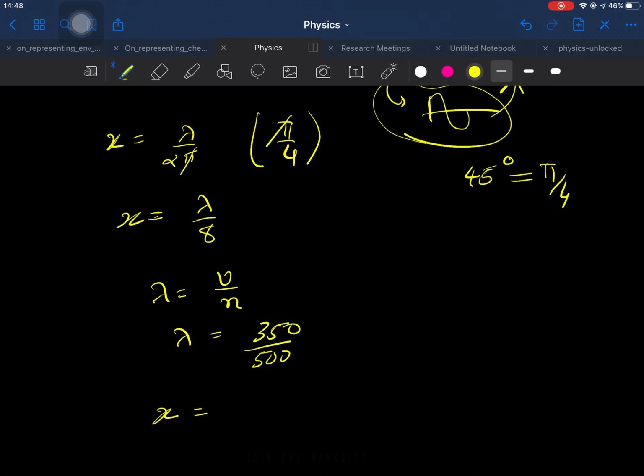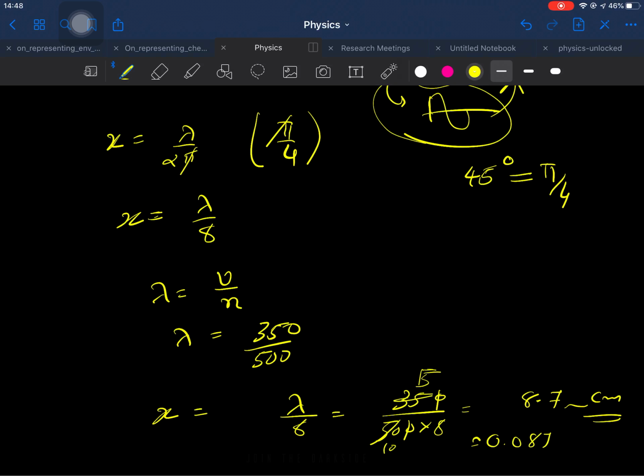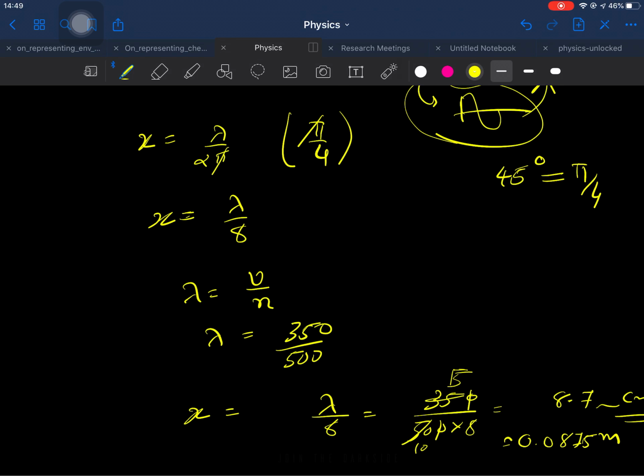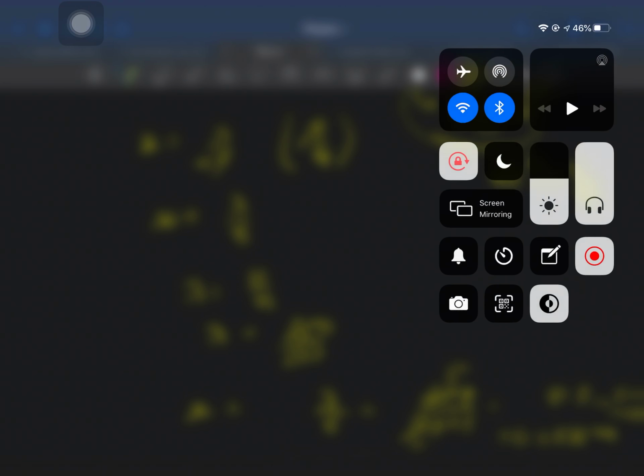So x is equal to lambda by 8, which is 350 divided by 500 into 8. That gets cut, 7 5, 85 by 80, 8.7 something. Please complete this, and you should get 0.087. The answer I have right now is 0.0875 meter. So this is how we calculate the numerical. In the next set of videos we will solve more numericals of this kind.